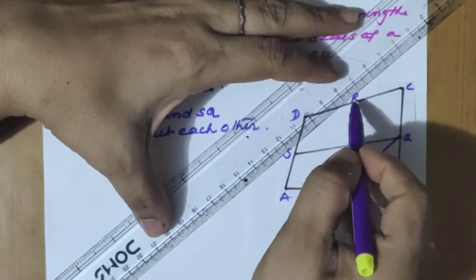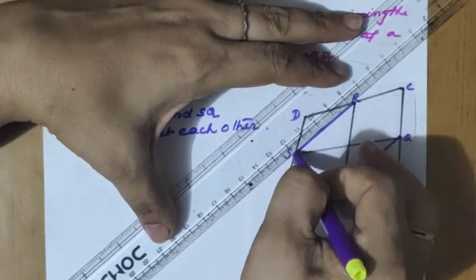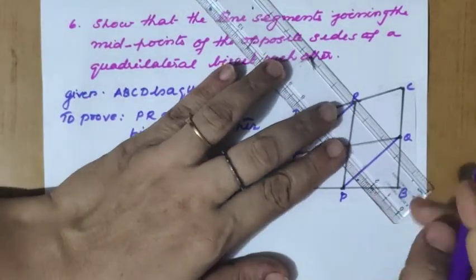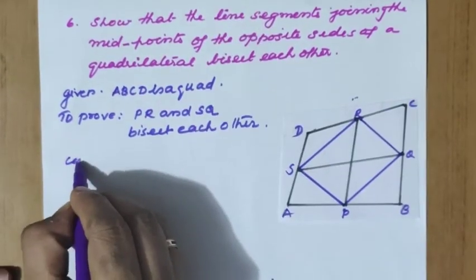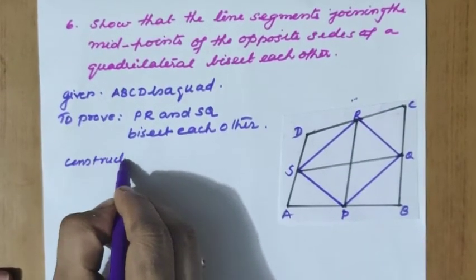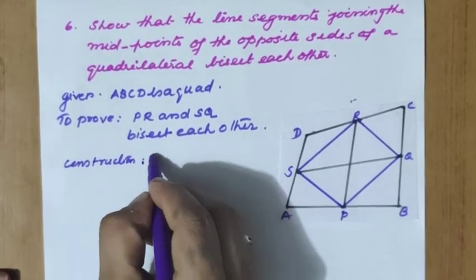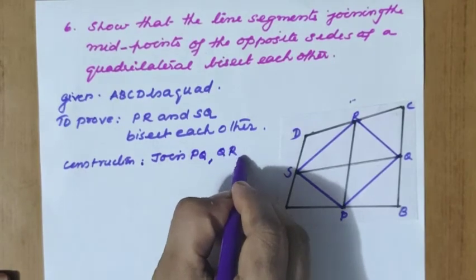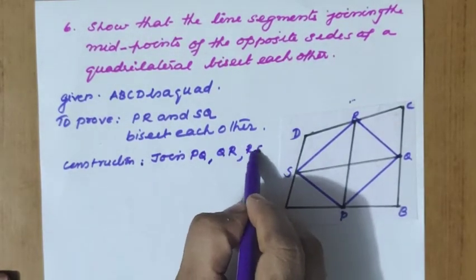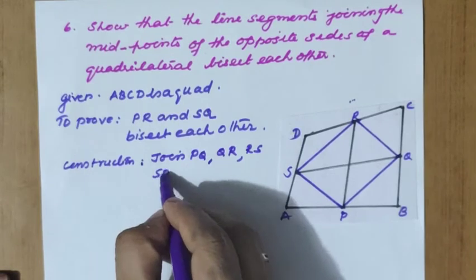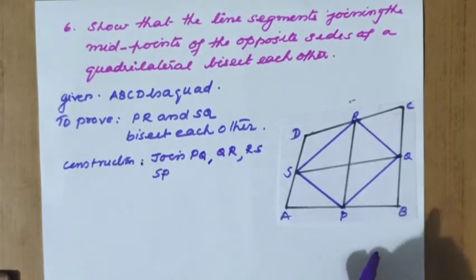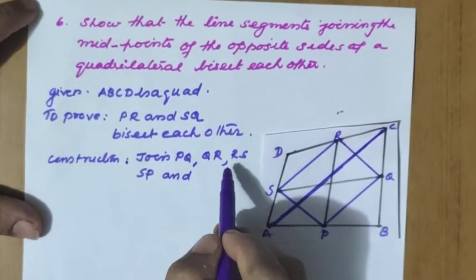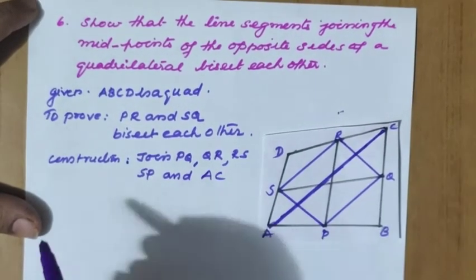But this is not sufficient. We have to join one of the diagonals. Let us take AC. One of the diagonals, AC, we have taken. Now the proof.